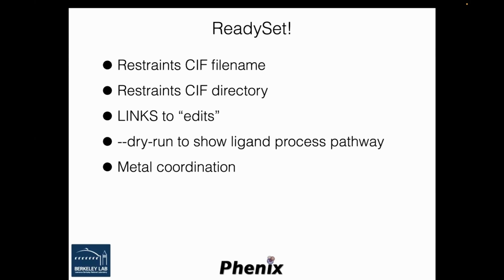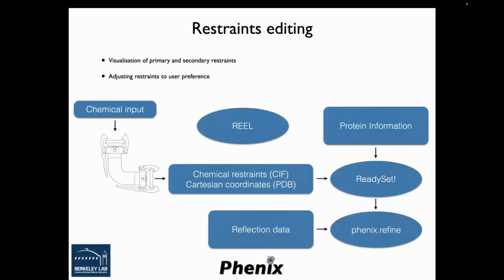So what you get is restraints in a CIF file, and then it also converts link records in PDBs. Phenix doesn't honor link records, but it will convert them to edits. And so you can then optionally add the edits to your refinement. And it also generates coordination libraries for metals, which is another important thing.